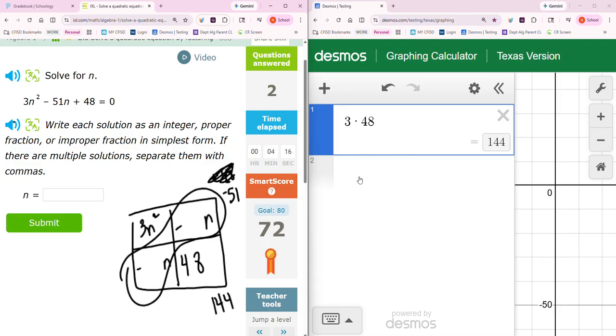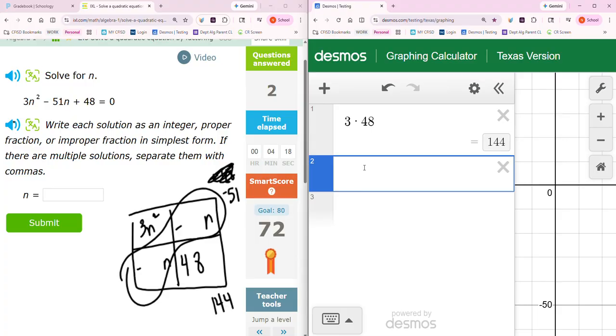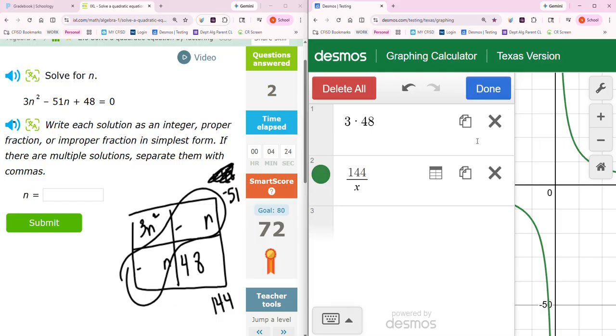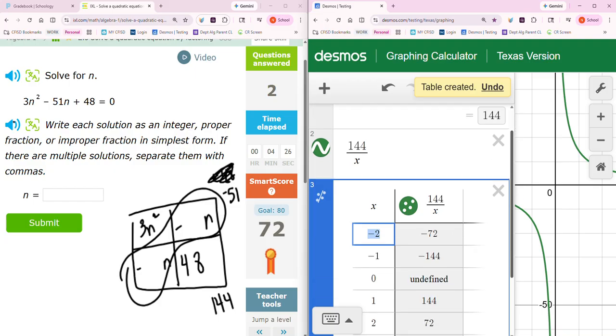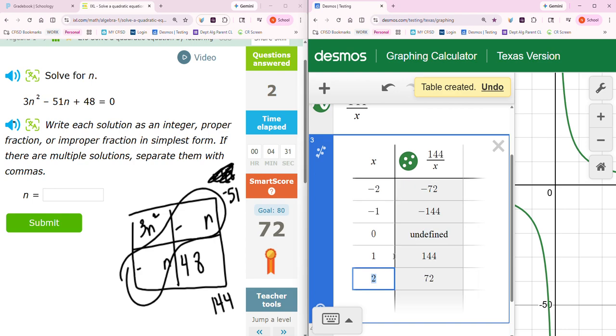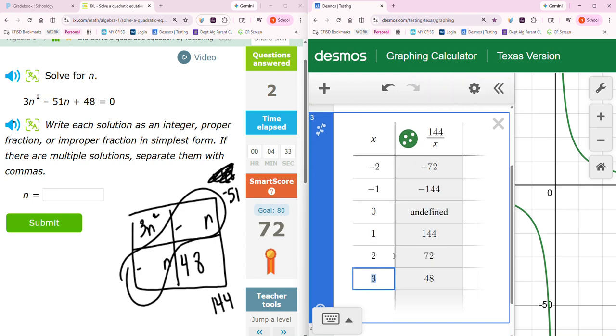Now, I'm going to think about the factors of 144. In order to do that, I'm going to put 144, and we're going to divide this by x. Then I'm going to hit the wheel, and I'm going to convert that to a table. So I'm going to go through the table. 72 plus 2 is not going to give me 51.